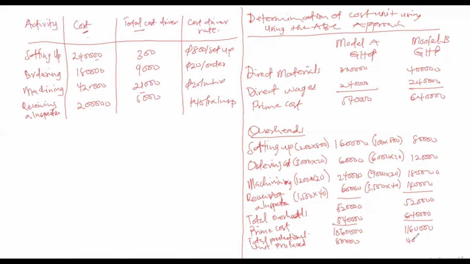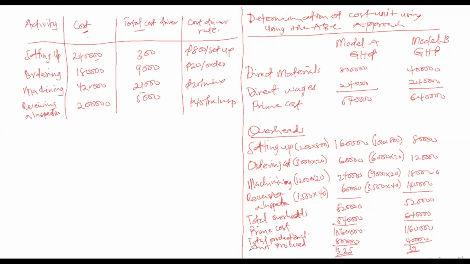So when we divide, we are going to have 13 cedis 25 pesewas for model A, and we have 29 cedis for model B. So that is all about the activity-based costing. Very, very simple.